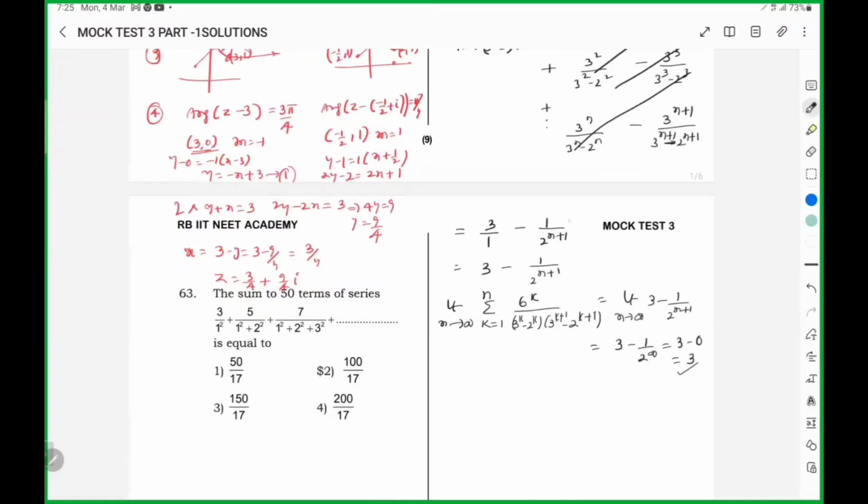Then we get here, dividing with 3 power n plus 1, 2 by 3 power n plus 1. As n tends to infinity, 2 by 3 power n plus 1 approaches 0. So we get 3 minus 1, which is 2.